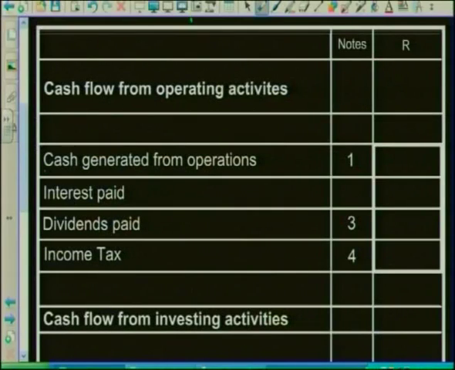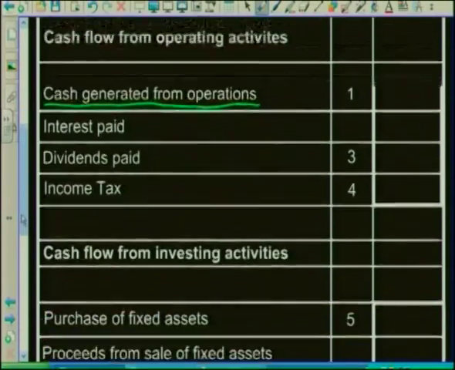Right, let's now look at the cash flow statement itself, our answer sheet. And remember, guys, right at the beginning, I explained that your cash flow statement is made up of 3 main sections. So let's now look for those 3 main sections in the statement. We start with cash generated from operations.